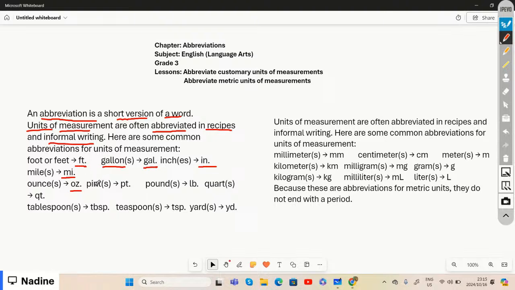Then we have pint, and if we abbreviate pint, it is PT, just the first letter and the last letter.